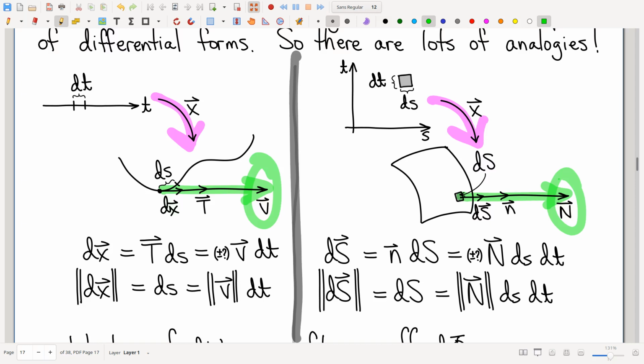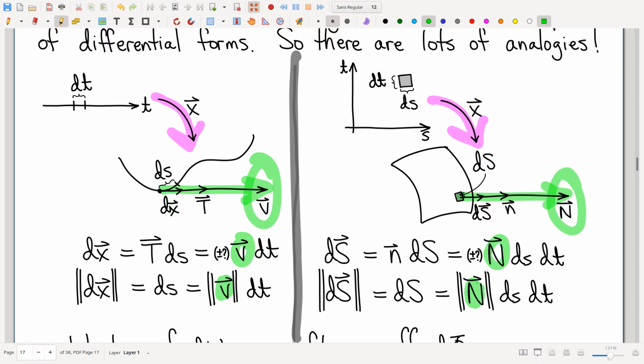But if you think to the formula of what capital N is, it's a cross product of the partial derivatives of your parameterization. So it literally comes out of derivatives. Now, where does velocity show up in these equations? Where does capital N show up in these equations? What you're going to notice is that they show up in analogous places. I've deliberately laid them out on the page so that they will be visually analogous locations.